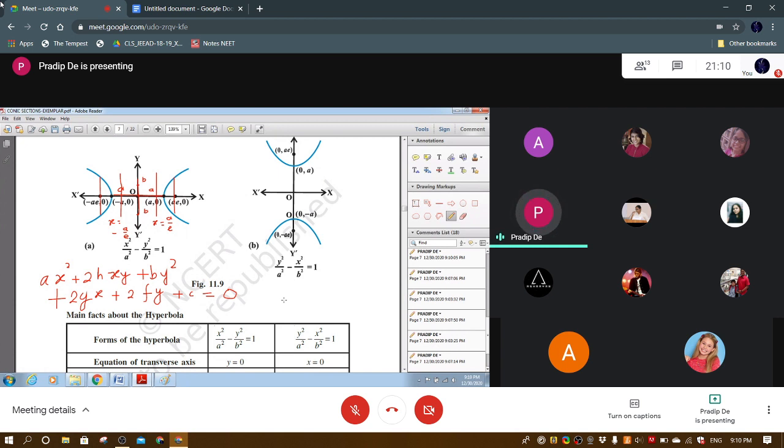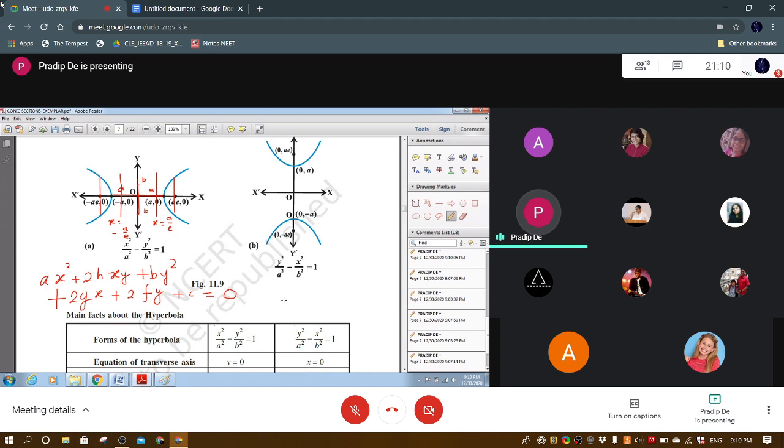Which curve will it represent? That is the question. You are given an equation like this, which has x square, xy, y square, x, y, and constant, everything. It can be a circle, a pair of straight lines, a parabola, an ellipse, a hyperbola, anything.